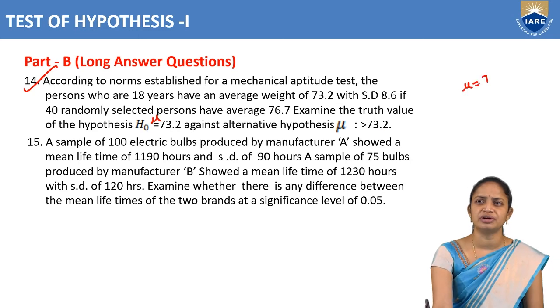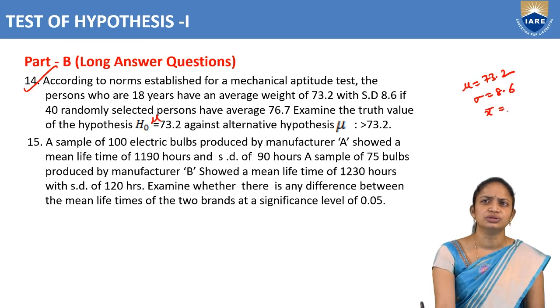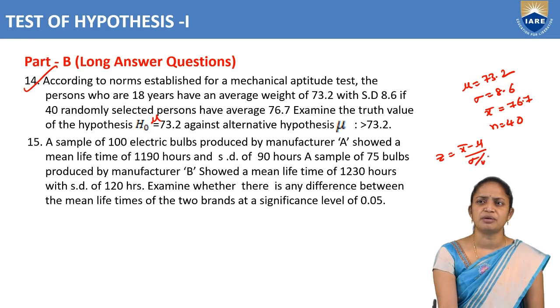So here mu equal to 73.2, sigma equal to 8.6, x bar is 76.7 and n equal to 40. Same formula: z equals x bar minus mu by sigma by root n.